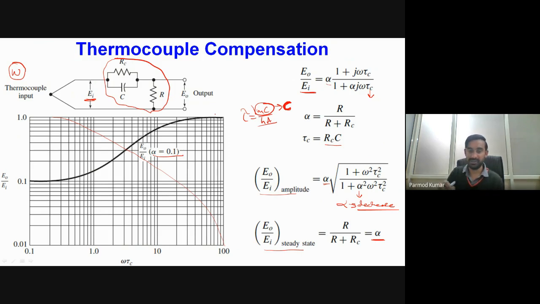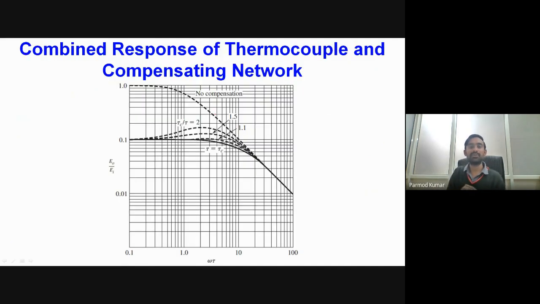If we join both these plots, we find that the output to input EMF is plotted along the ordinate, and omega times tau, frequency times time, along the abscissa. This dashed curve corresponds to no compensation, which we have already seen.